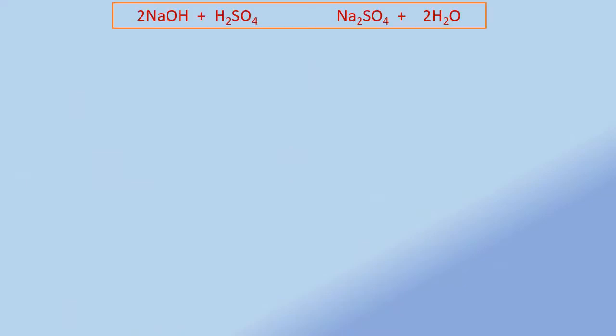So now we get the equation as 2NaOH plus H2SO4 gives Na2SO4 plus 2H2O. Now let us check whether this equation is balanced or not.